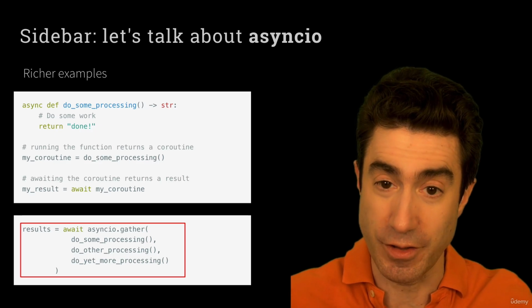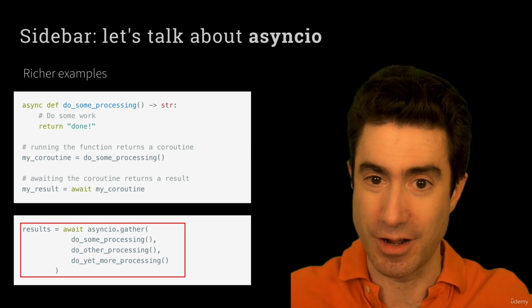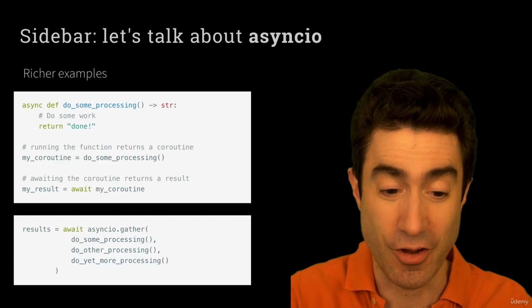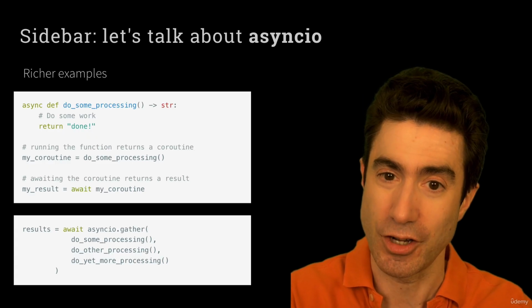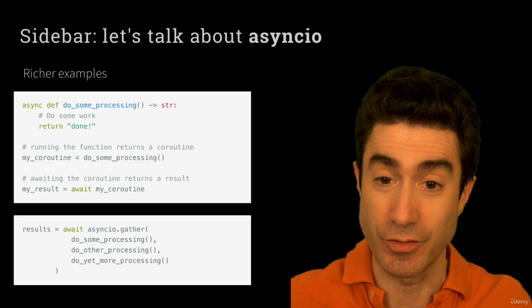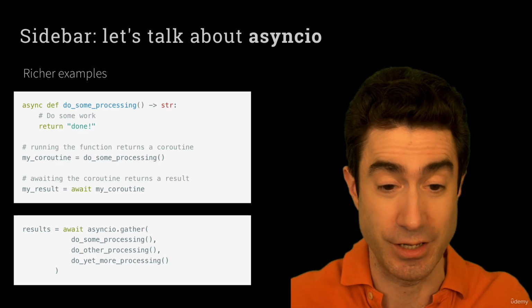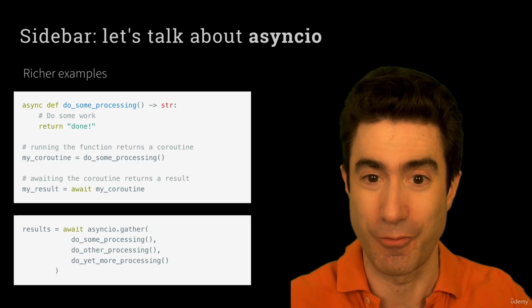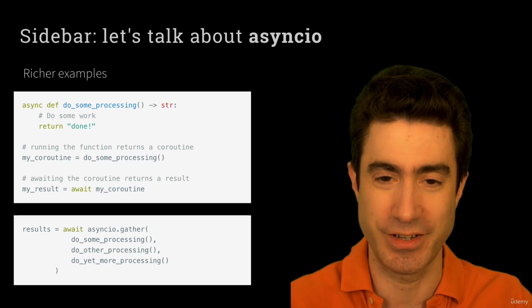As soon as one of them is blocking, the others will start running, or one of the others will run until it's blocking, and then the third one will run. And so all three of those coroutines will execute, and the results as a list will go into the variable results, a list of each of the three results from each of those three coroutines.